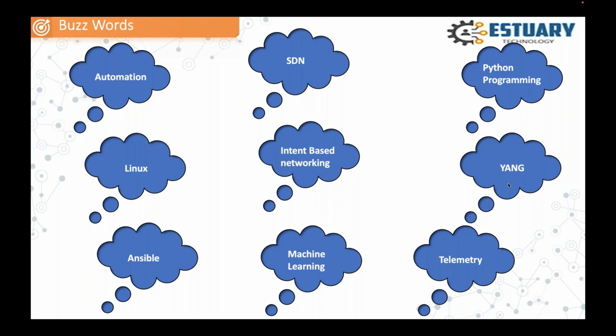So for example, I want to configure QoS end-to-end on all infrastructure. I want to give marking for my voice traffic. I want to give marking for my video traffic. All these background operations, or the activities which will be done, should be done automatically just by defining what my intent is.